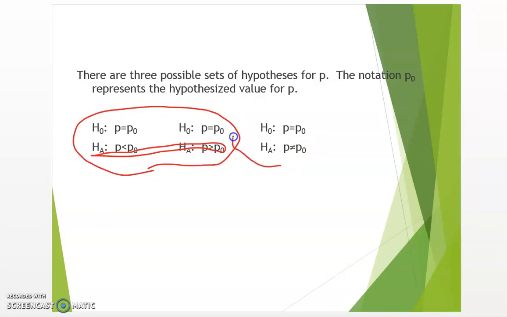While the last one, according to the alternative hypothesis, p is different from p sub 0, so this is a two-tailed test. The type of test will be helpful for us to determine the p-value. Notice that in the null hypothesis, it's always p equals a value. So it doesn't change for your null hypothesis.